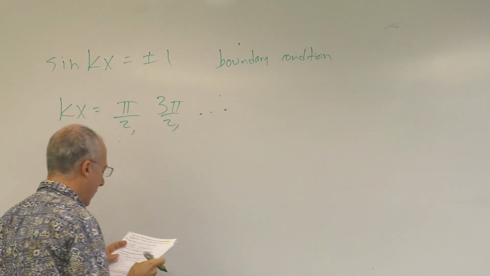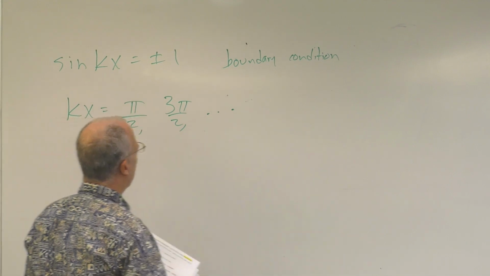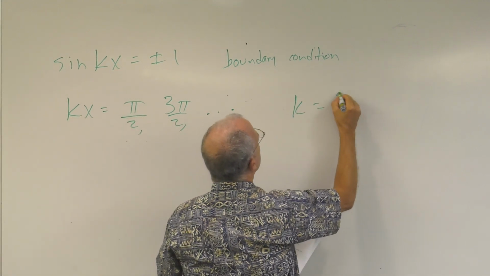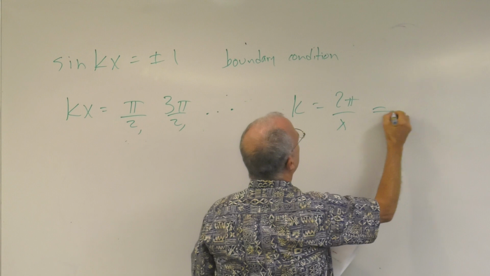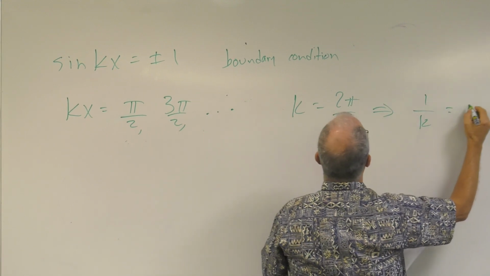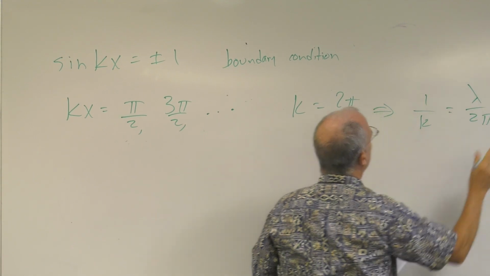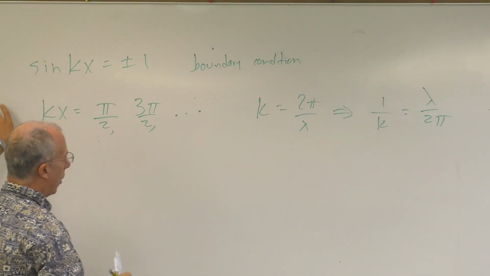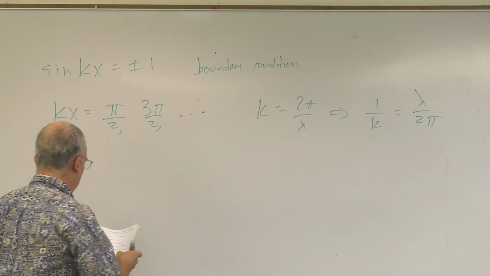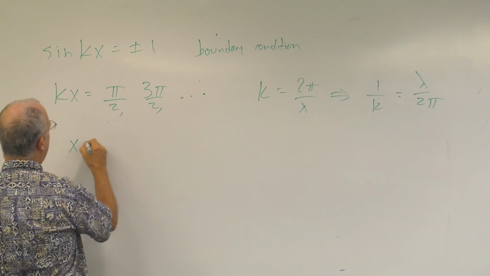Just like we did before, remember, k is 2 pi over lambda, therefore 1 over k is lambda over 2 pi. So we multiply everything by 1 over k because we want to get x by itself. Therefore we get x.